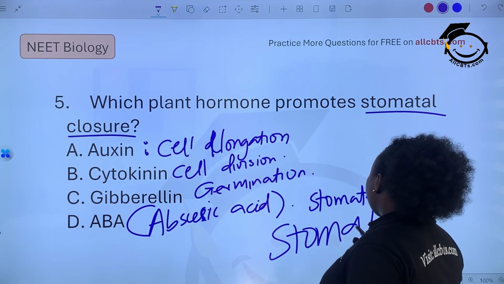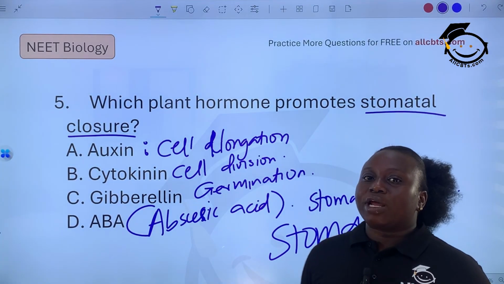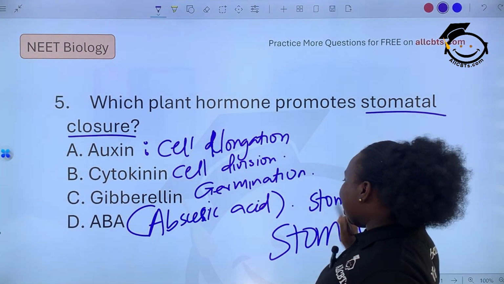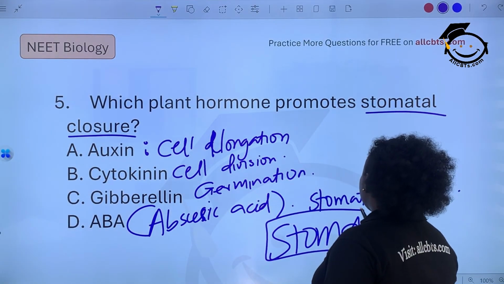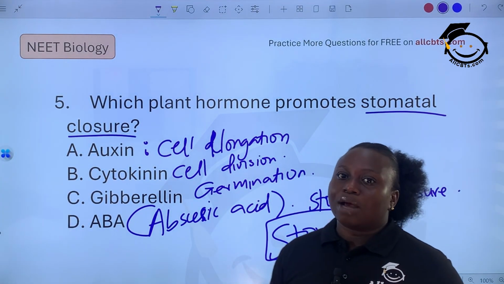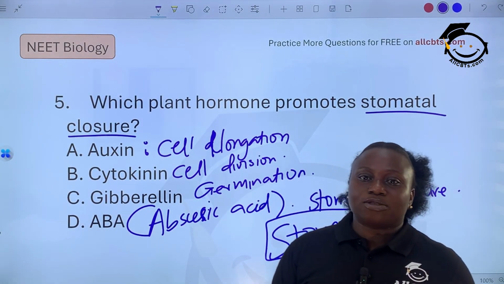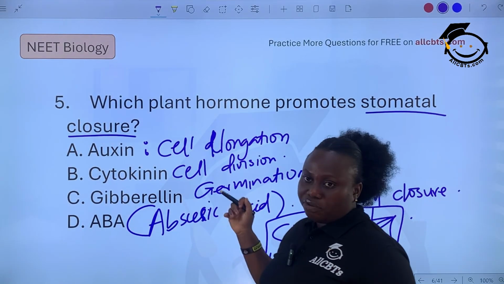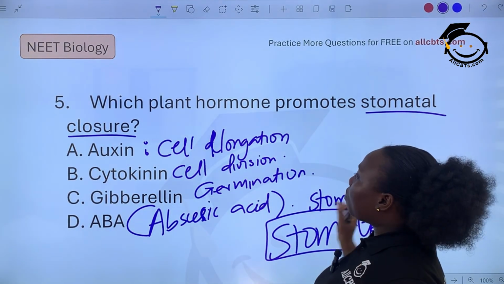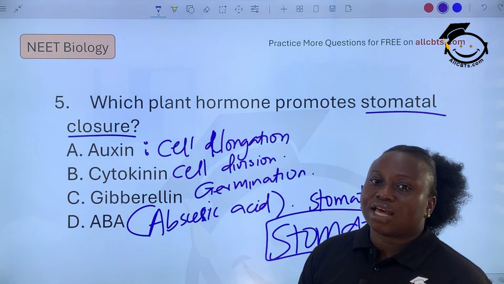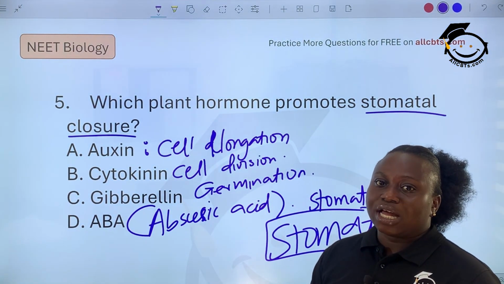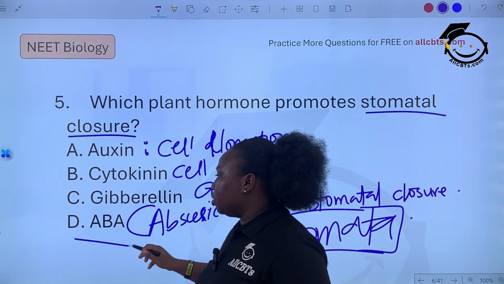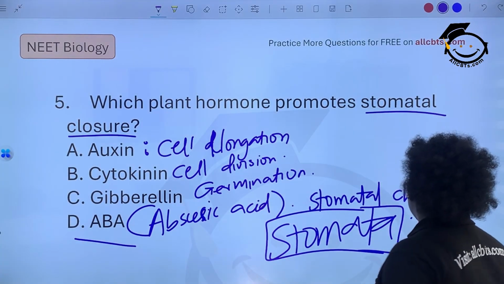Most times when the weather is cold and there is a lot of rain, the stomata will open very well. But now the stomata has to be closed so that less water is lost and more water is retained for the plant to grow. Because of that, abscisic acid is released in these plants, so the stomata close, to store enough water for their survival. Our answer is option D, the ABA hormone.